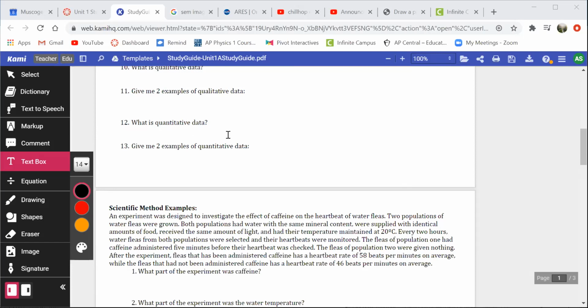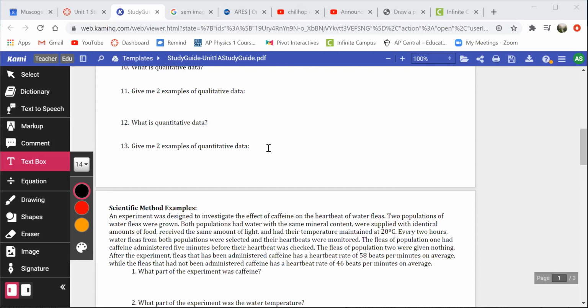Given that you're going to measure it with numbers, give me 2 examples of quantitative data. Growth rate, so the plant example, awesome. What else? The speed of something. There we go.